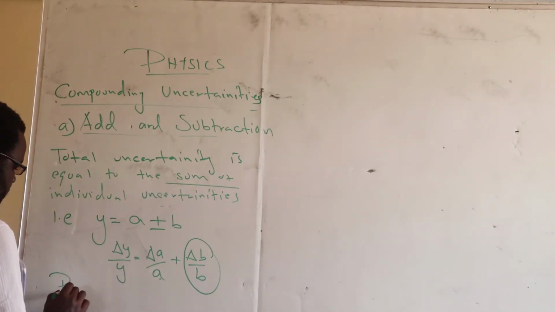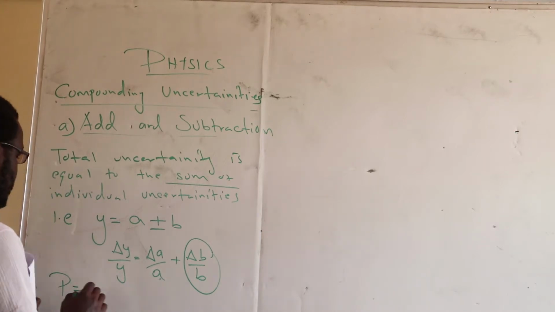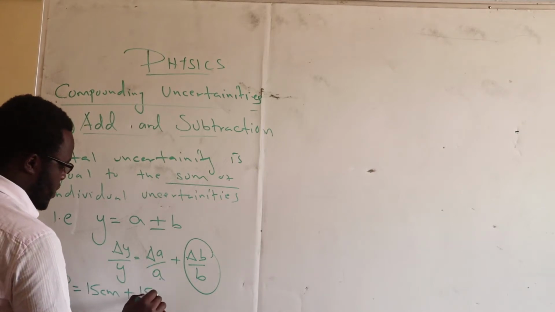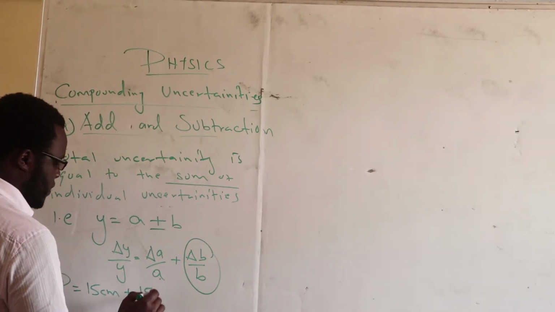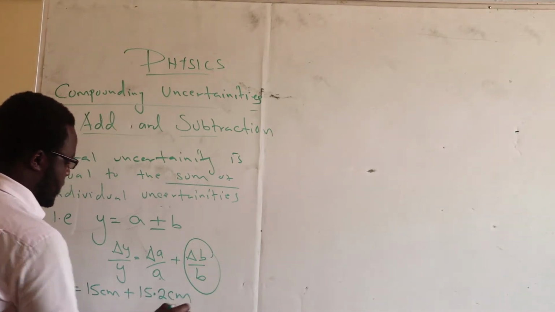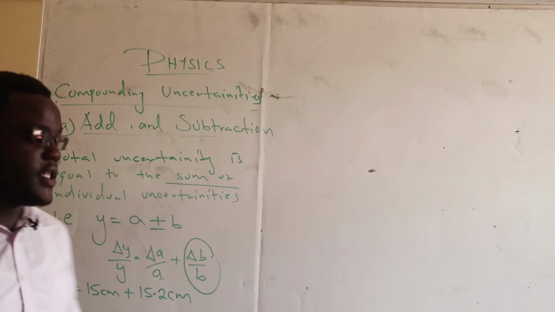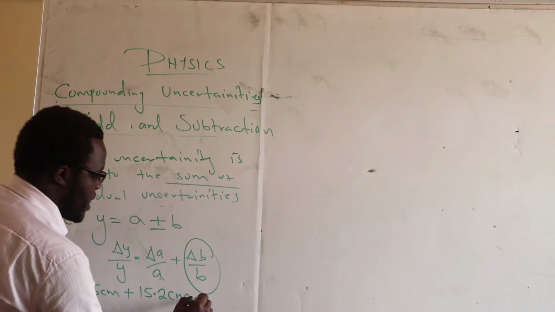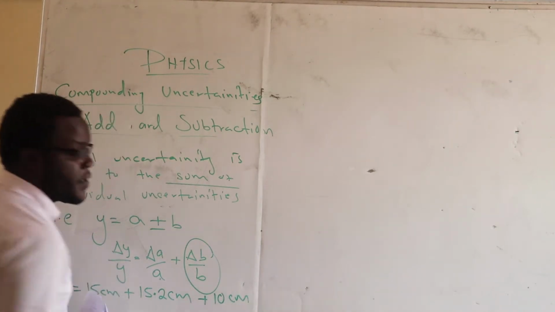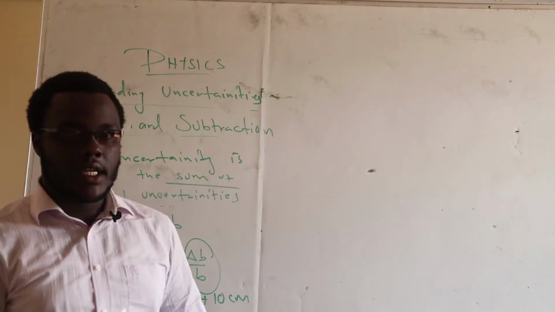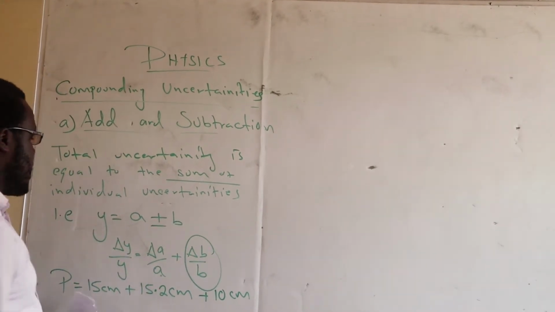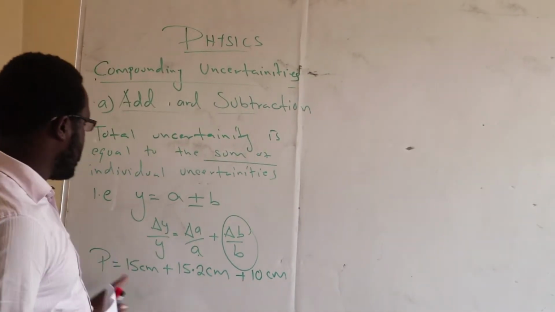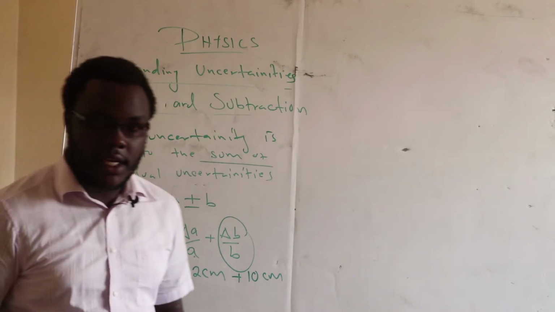The perimeter of a figure is given as 15 centimeters added to 15.2 centimeters added to 10 centimeters. This figure can be a triangle in this example, where it has three sides. Therefore, somebody can ask you to calculate the total uncertainty or the total error in this case.